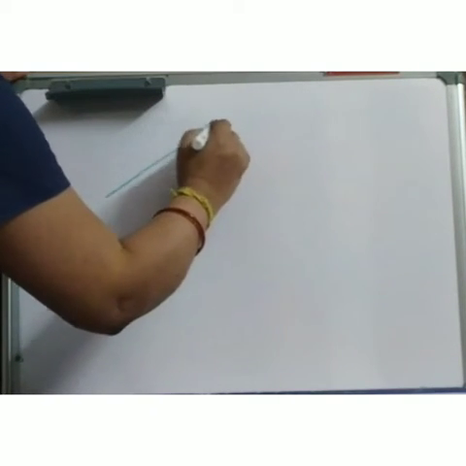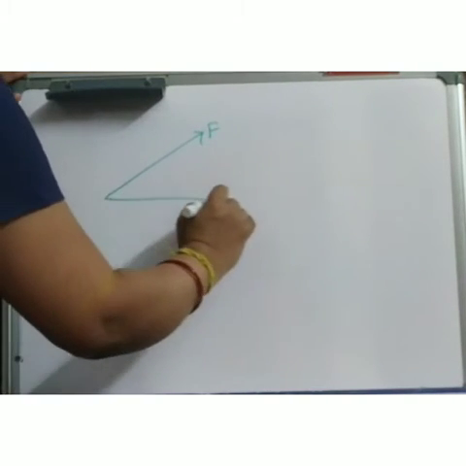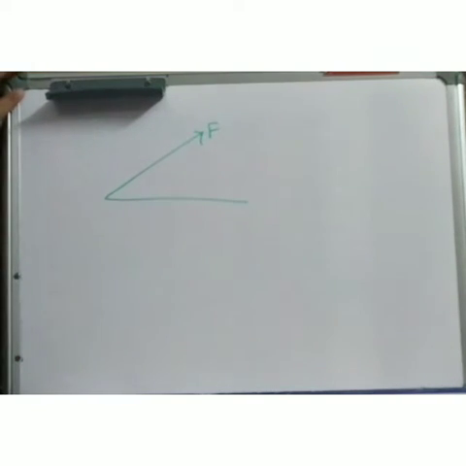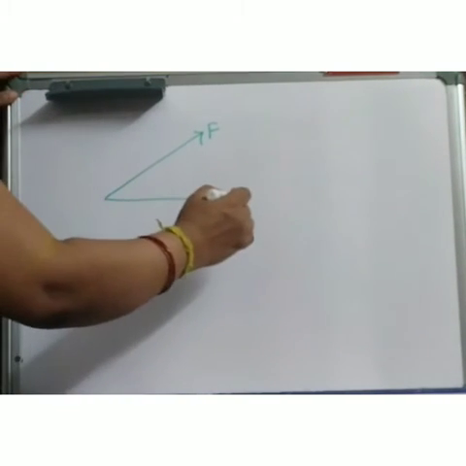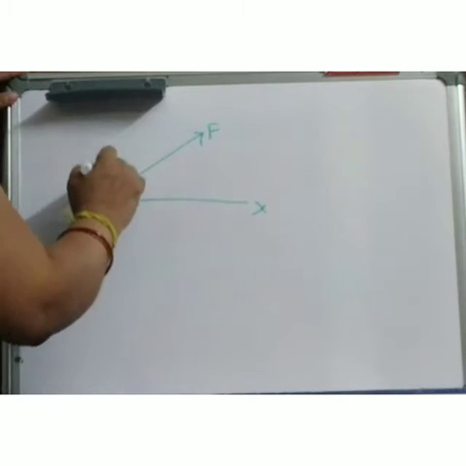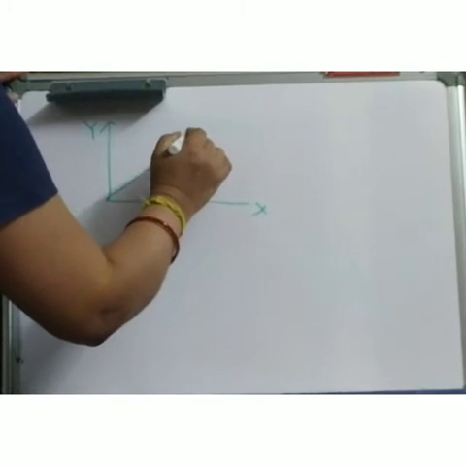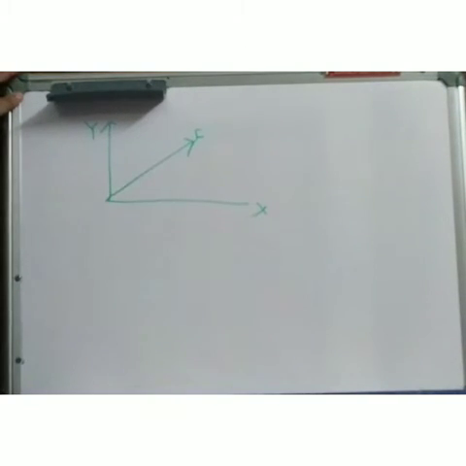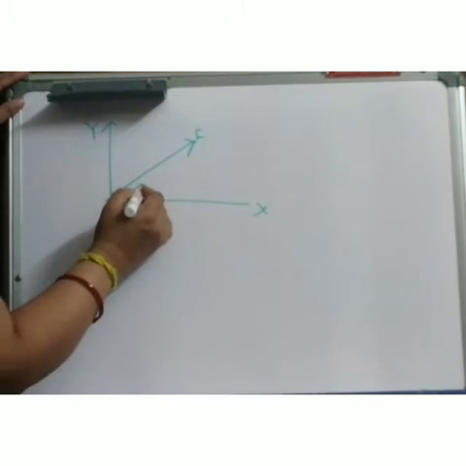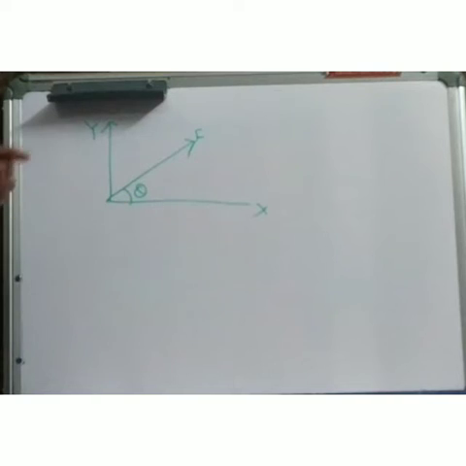This is your F, this is your horizontal direction X and this is your vertical direction Y. This angle is given as theta.